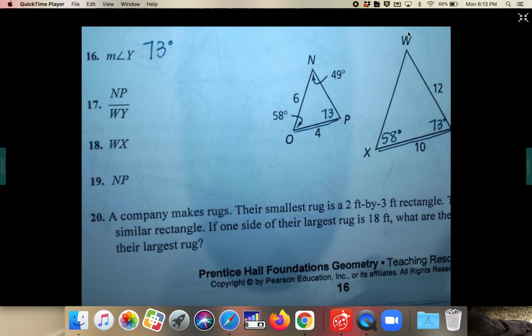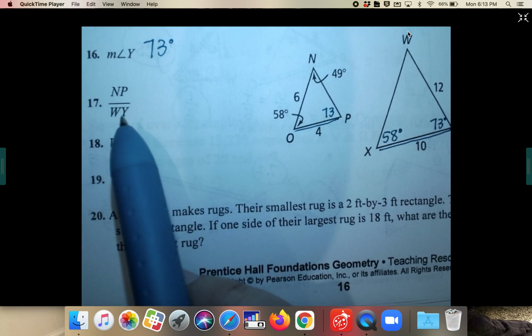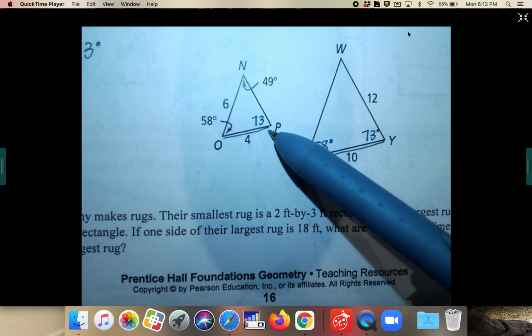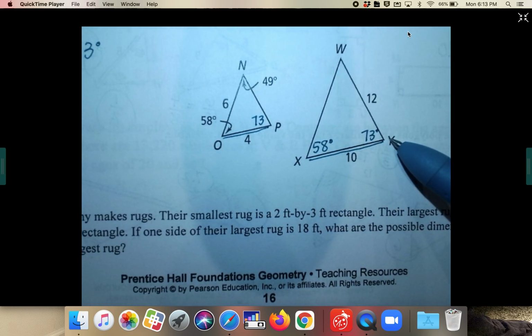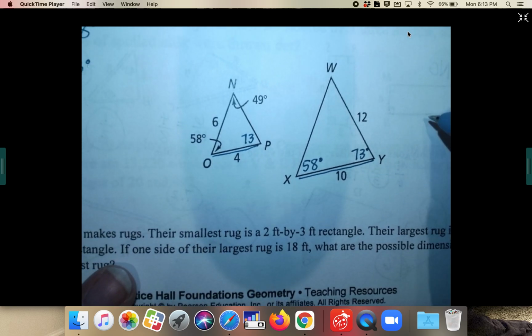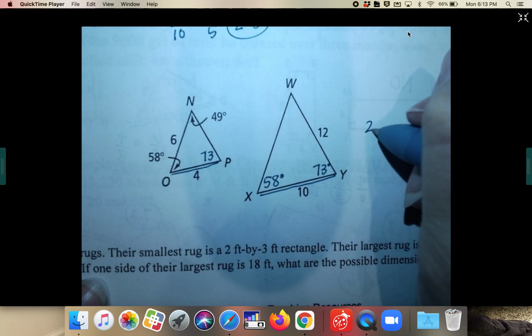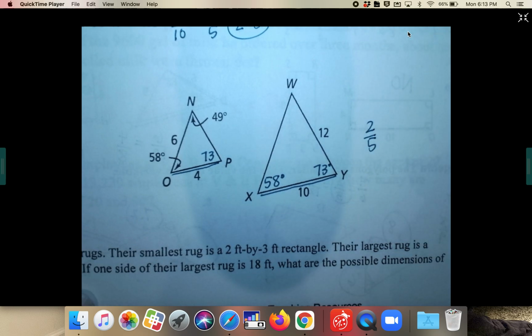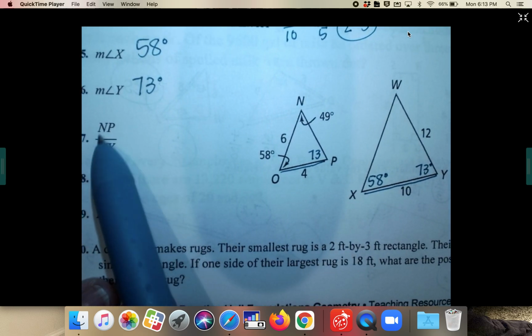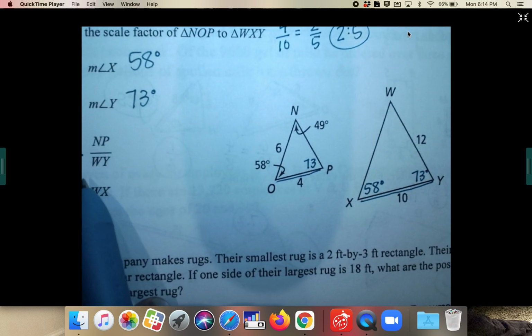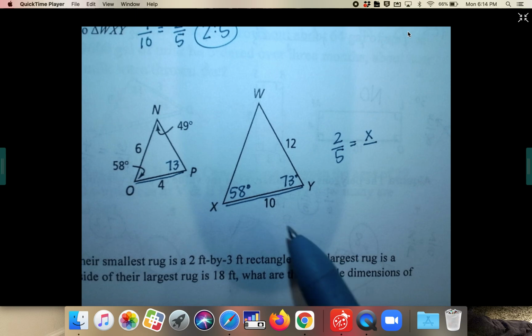Okay, the ratio of side lengths NP over WY. NP, we don't know. WY is 12. So if we know that the scale factor is 2 to 5, I'm going to go ahead and set it up 2 to 5. And what we're looking for is NP, which we don't know. But we know WY is 12.